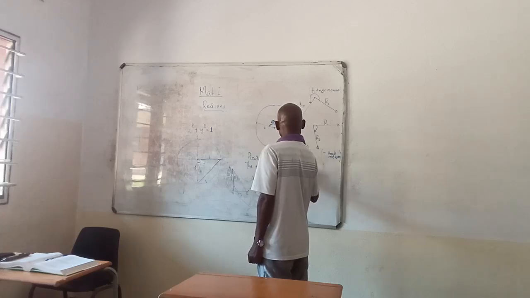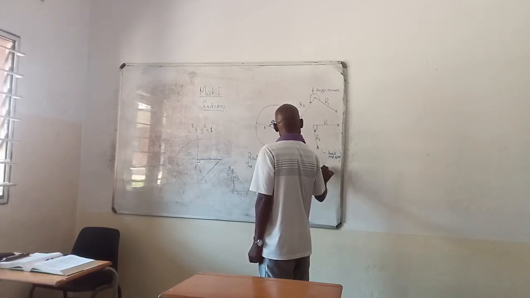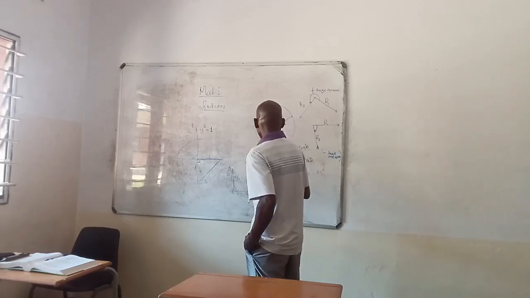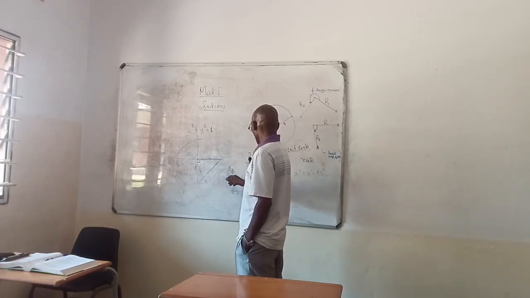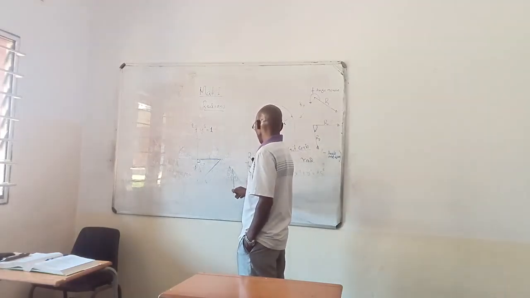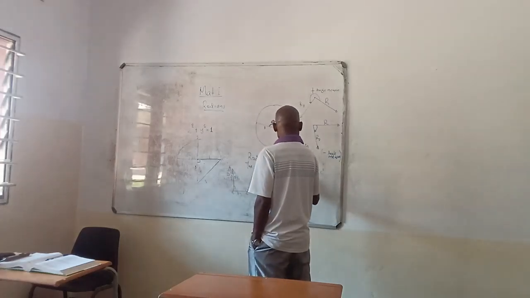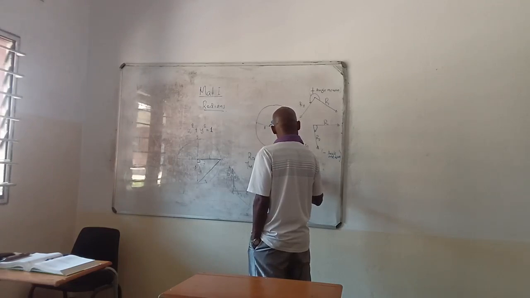So it's x squared plus y squared is equal to AC squared. Even if you say 1 squared, what they're saying is x squared plus y squared equals AC squared.